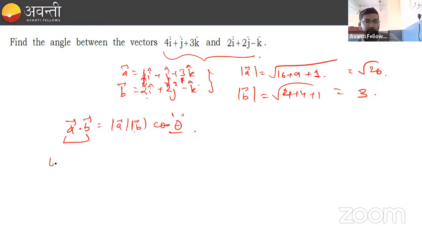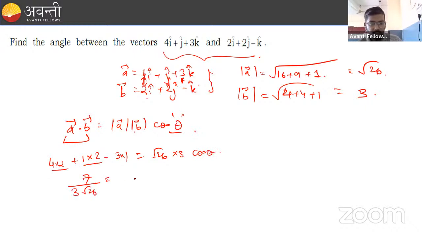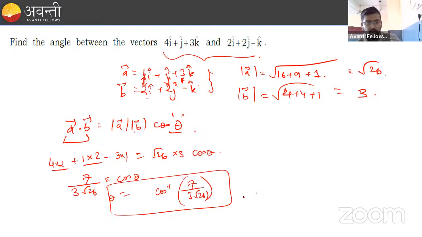So A bar dot B bar will become 4 into 2 plus 1 into 2 minus 3 into 1, equal to root 26 into 3 into cos theta. 8 plus 2 is 10, minus 3 is 7. So 7 upon 3 root 26 equals cos theta. So theta will come out to be cos inverse of 7 upon 3 root 26. This is how you can find the angle between the vectors.